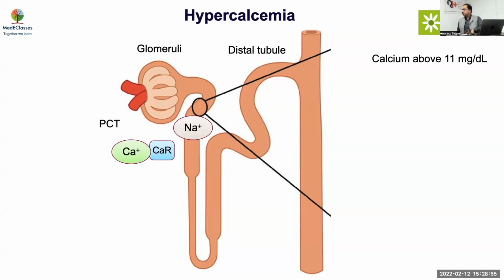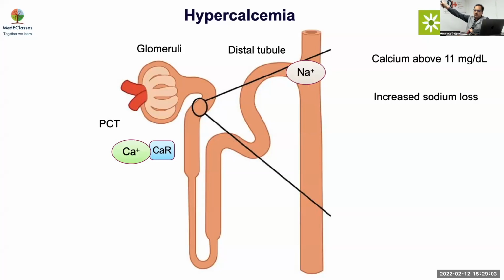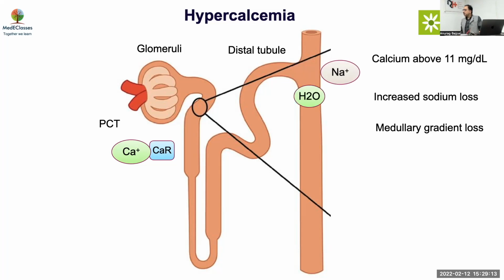So if the calcium sensing receptor is disrupted, your sodium loss becomes more. And that will cause a huge problem. Again, the sodium has to be reabsorbed at the distal tubule, because the body will say we are losing so much sodium, behaving like a diuretic, essentially. And this will cause a loss of medullary gradient, and subsequently you will be losing more water.